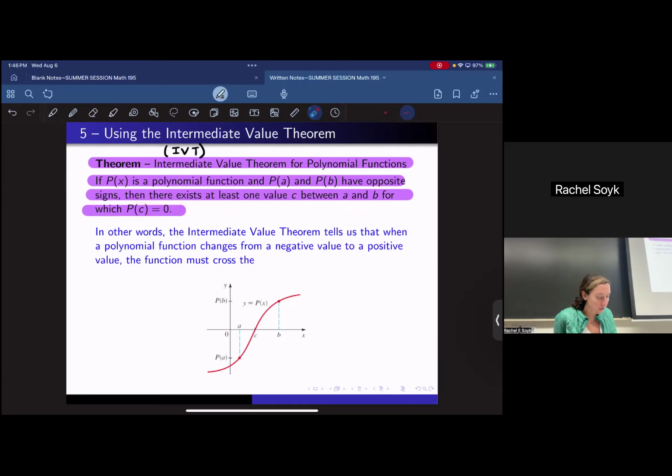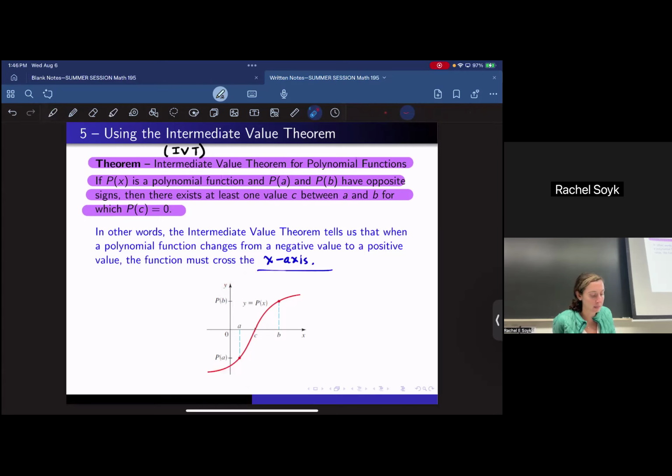Sounds a little bit confusing, but in short, what does that mean? That just means when your function changes from a negative y value to a positive y value, it must cross the x-axis. And I think there's a typo here. This wasn't finished. So it must cross the x-axis. And so we really have that visual being displayed here. Our p of a is a negative y value.